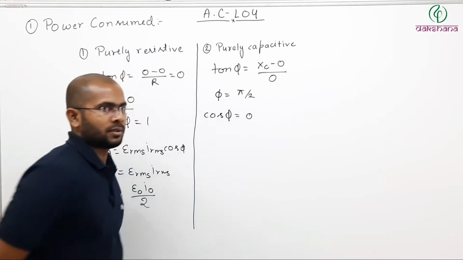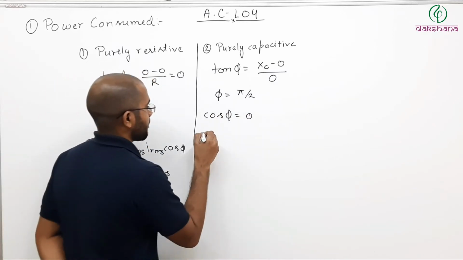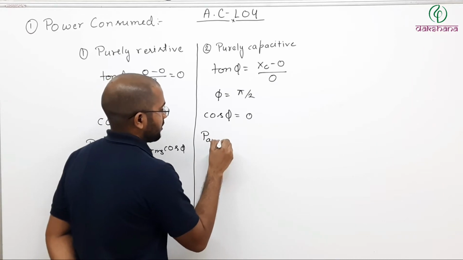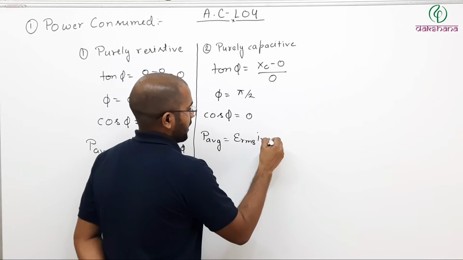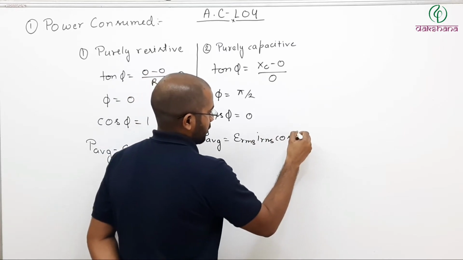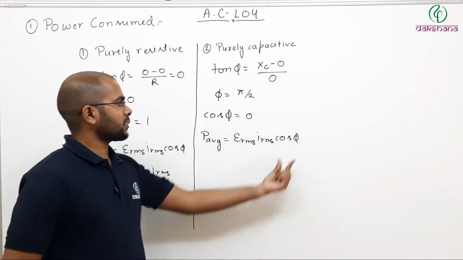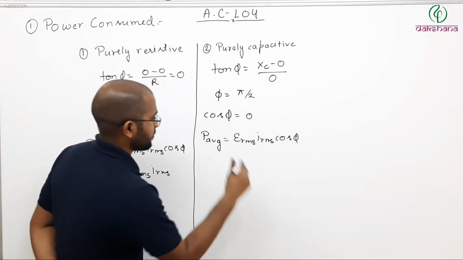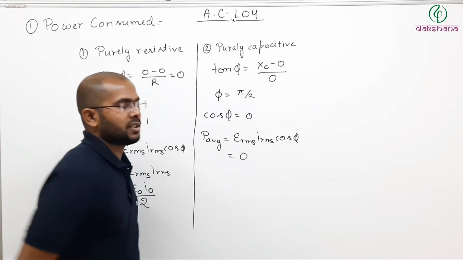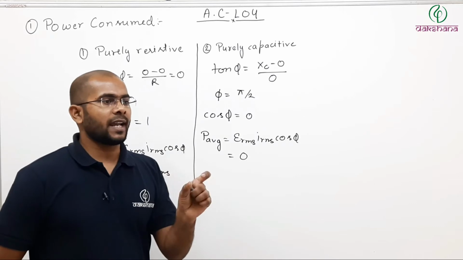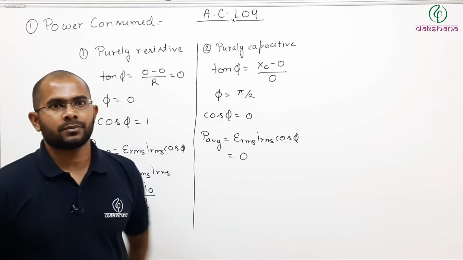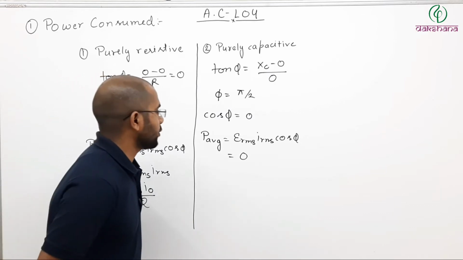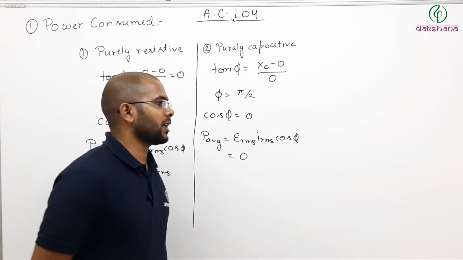So P average equals ERMS IRMS cos phi, and cos phi is 0, meaning power consumed is 0. If you attach just a capacitor across an AC source, there would be no heat loss, no energy loss.